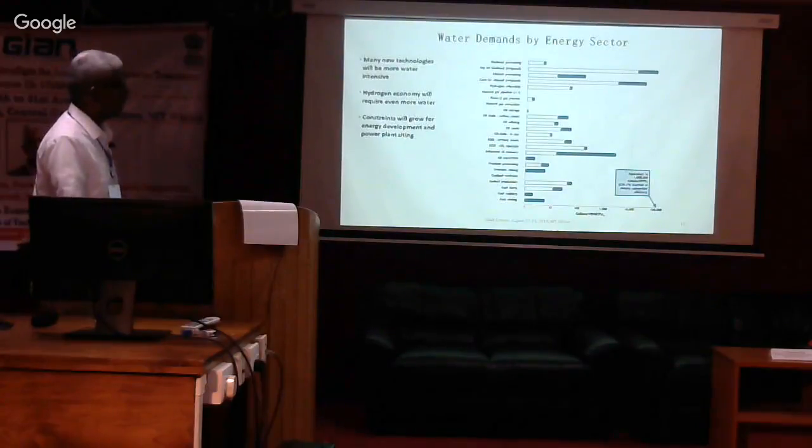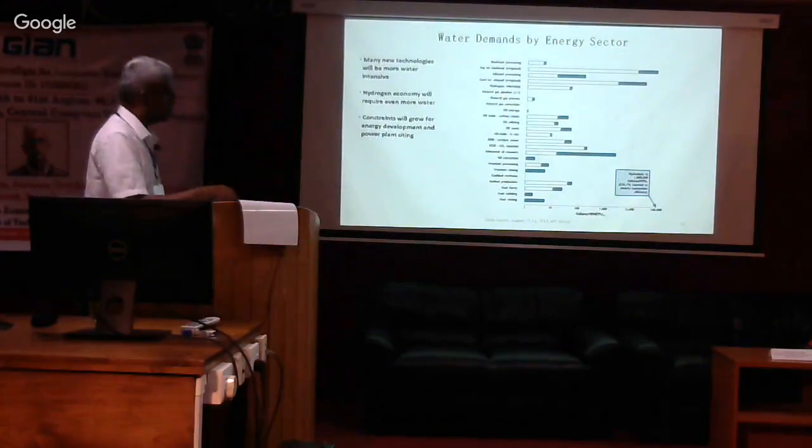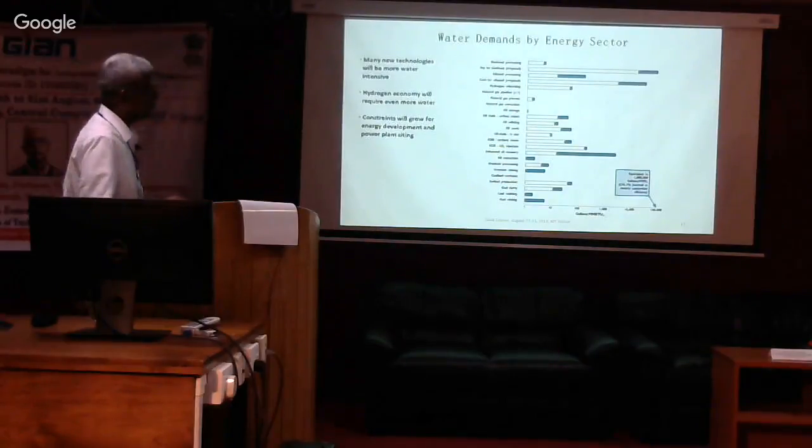And I just want you to familiarize yourself with this unit. This unit basically means 1 million gallons. That means 4 million gallons per million watt output. That's the unit. And as you can see, biodiesel, soy for biodiesel, very high water demand.